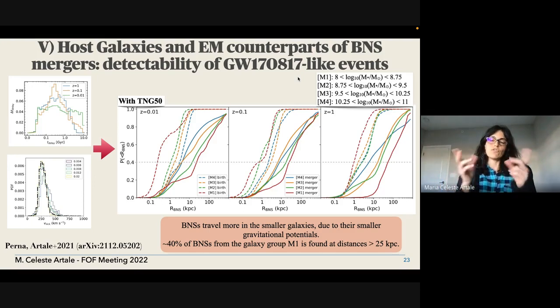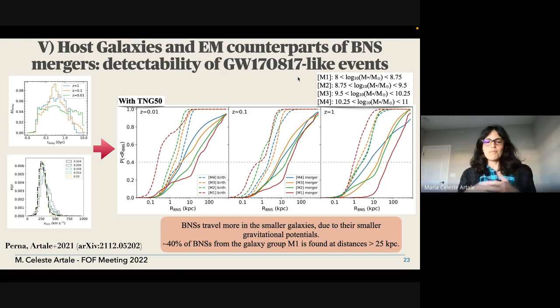This applies to each star in the binary system, and these kicks can create a displacement or movement of the binary systems, moving them to the outskirts of the galaxy.